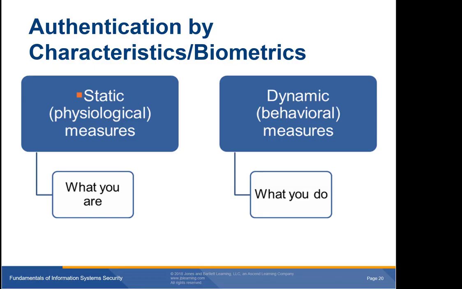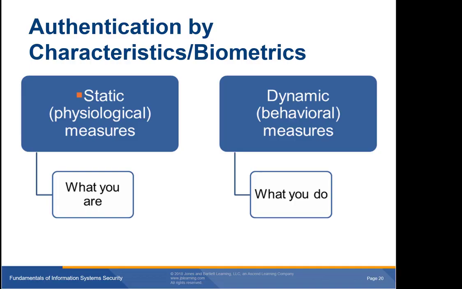Biometrics can be used for identification, which is physical biometrics, and authentication, which is logical biometrics. Biometrics involves measuring various unique parts of a person's anatomy or physical activities. The common biometric measures you'll learn about in this lesson can be broken into two categories. Either static, for example, physiological measures, which is what you are.